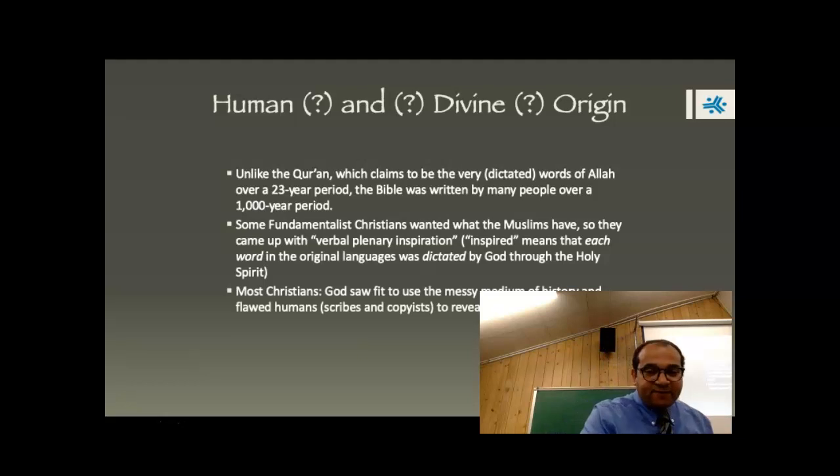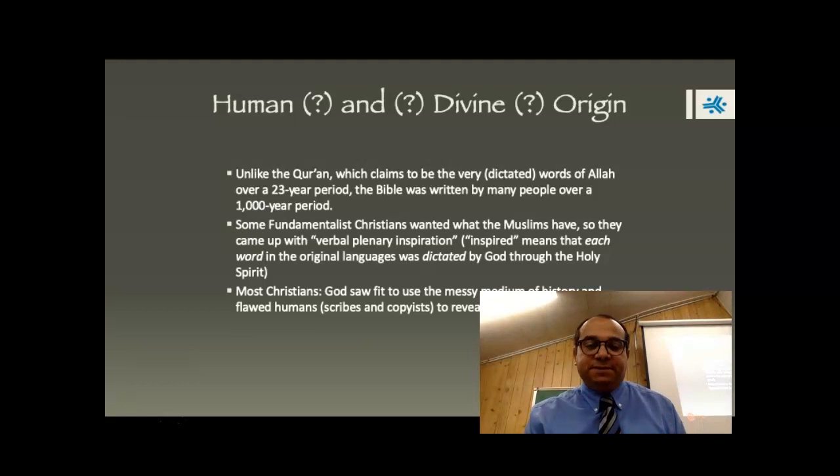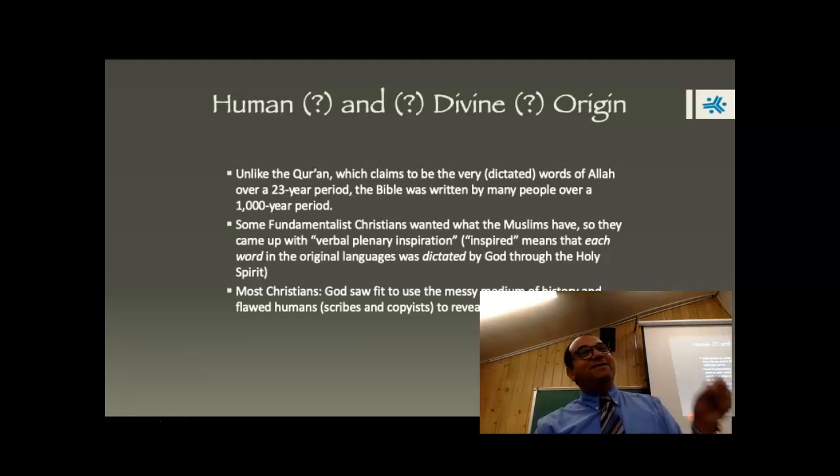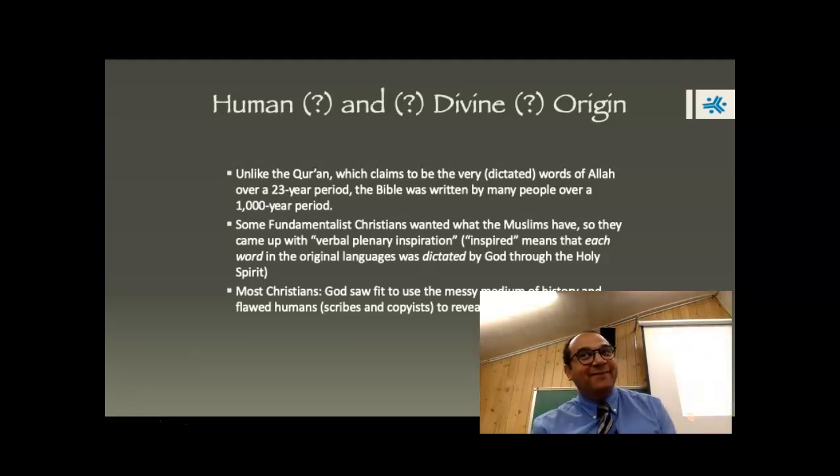God saw fit to use the messy medium of history and flawed humans, scribes, copyists, who sometimes made mistakes. That's why we end up with different textual witnesses and differences in manuscripts. And again, I want to say that this does not mean that the text that we have is not reliable.